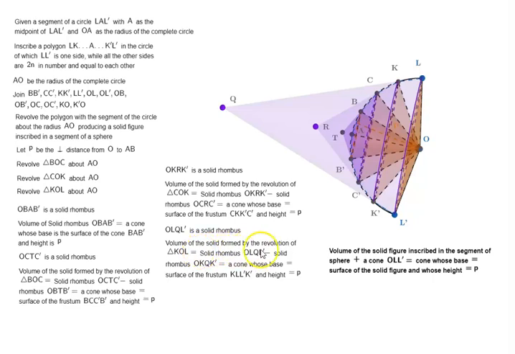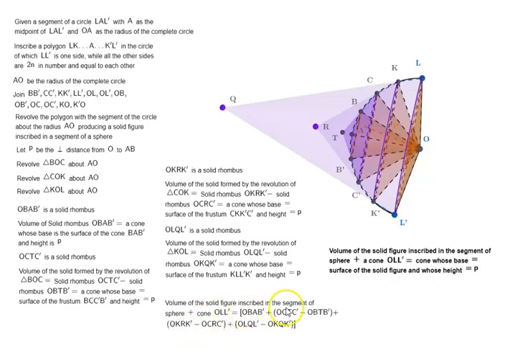Now, volume of the solid formed by the revolution of triangle KOL is equal to the solid rhombus OLQL prime minus solid rhombus OKQK prime. And you know that is equal to a cone whose base is equal to the surface of the frustum KLL prime K prime, and height is equal to P.